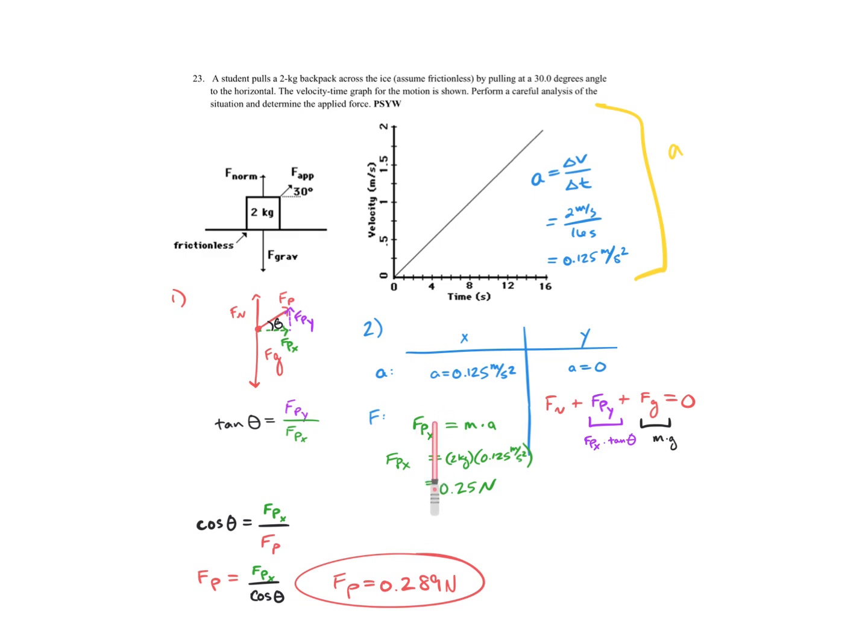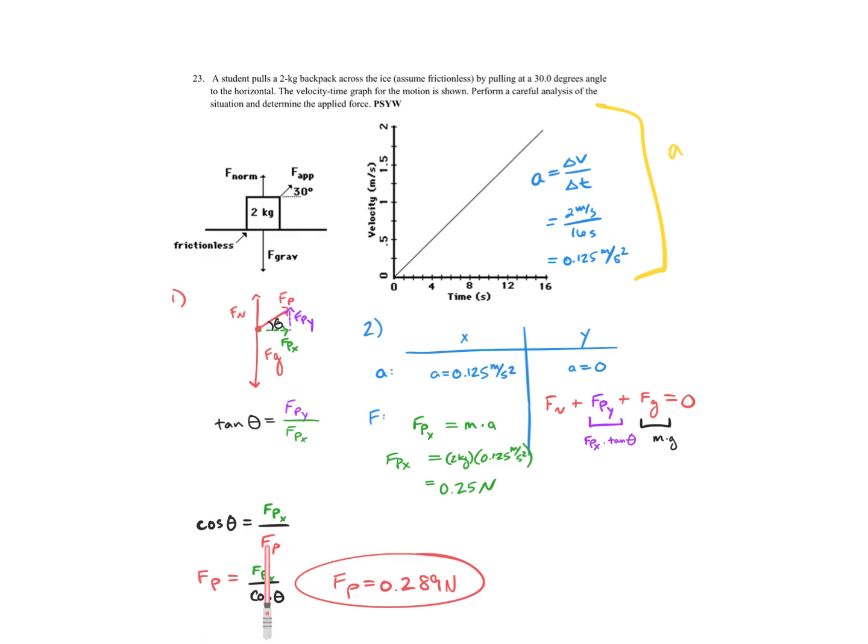So the net force, Fpx, equals mass times acceleration. The mass is given. The acceleration was known. So the Fp in the x direction is 0.25 newtons. The question asks for the applied force. So you can use the Fpx and the angle to determine the Fp, because the cosine is the adjacent divided by the hypotenuse.